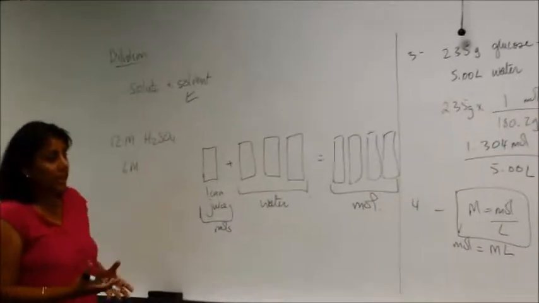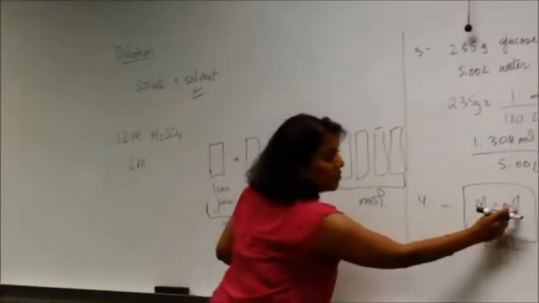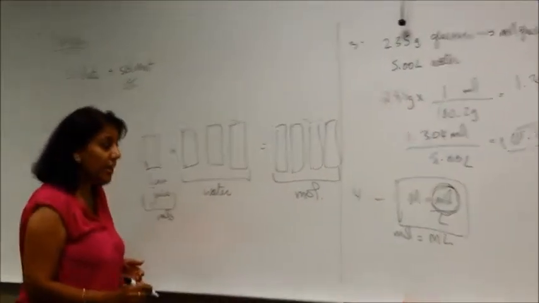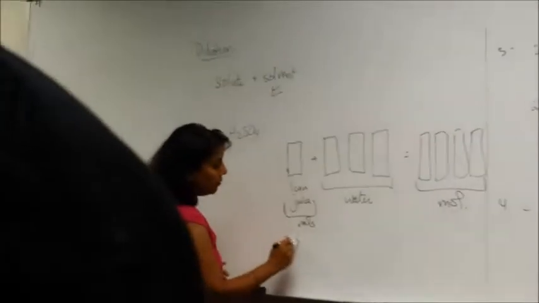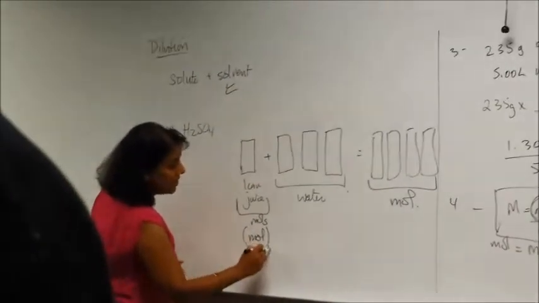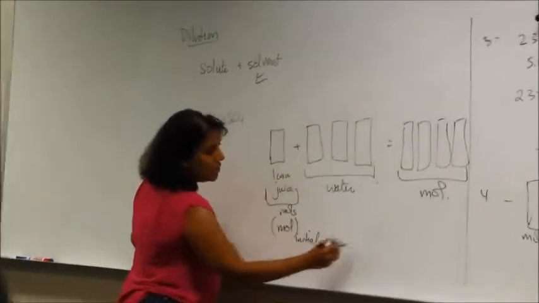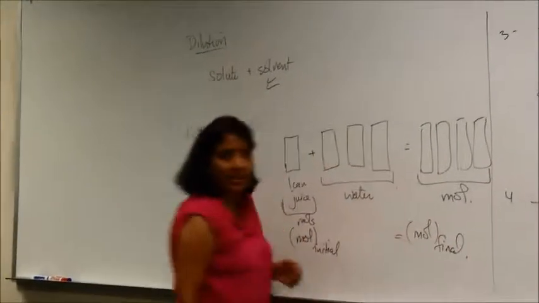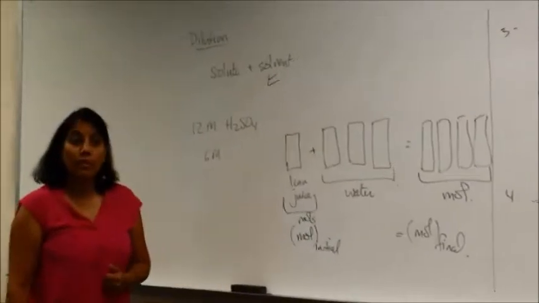All right, so in dilution, this is your moles, and I'm telling you that the moles have not changed. So what I'm saying is that the number of moles you have here, moles initial, is equal to moles final. And how do you calculate the moles initial?